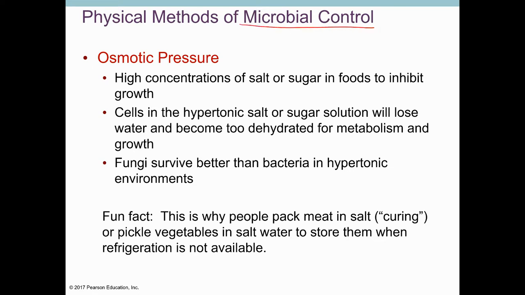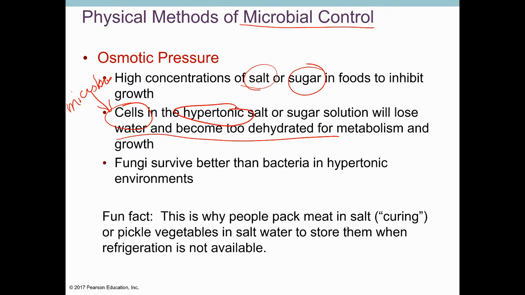One way to control microbes, especially in foods, is to use very high levels of salt or sugar or other things like that to make the water in the food become very hypertonic compared to the cells. And the cells here, we're talking about the microbial cells. So microbes, when they find themselves in a hypertonic environment, will lose water and become dehydrated.